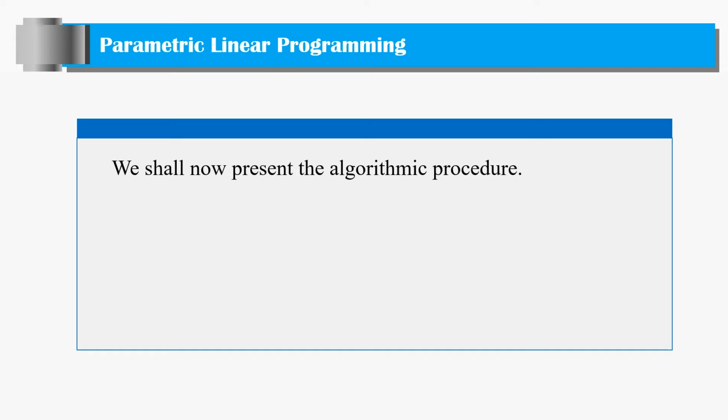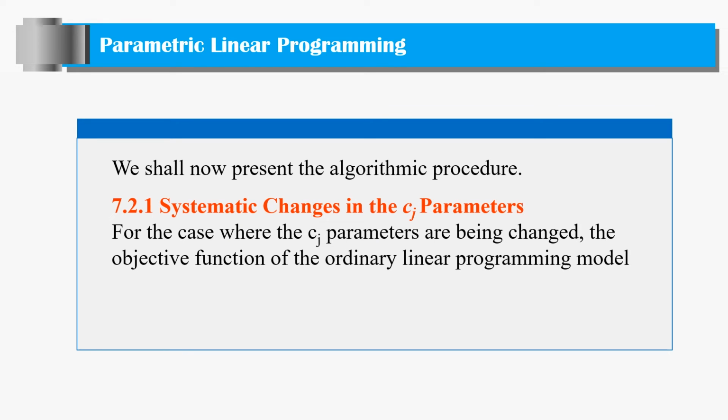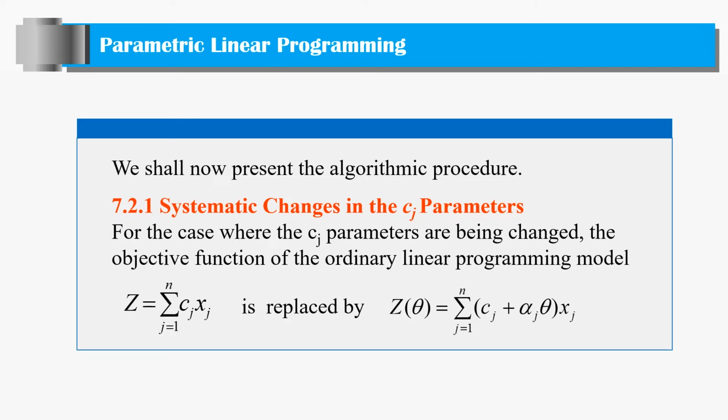We shall now present the algorithm procedure. First, we consider systematic changes in the Cj parameters. For the case where the Cj parameters are being changed, the objective function of the ordinary linear programming model, Z equals the sum of Cj xj, is replaced by a function Z of theta, where the new coefficients are replaced by Cj plus alpha j theta, and the variables are unchanged.